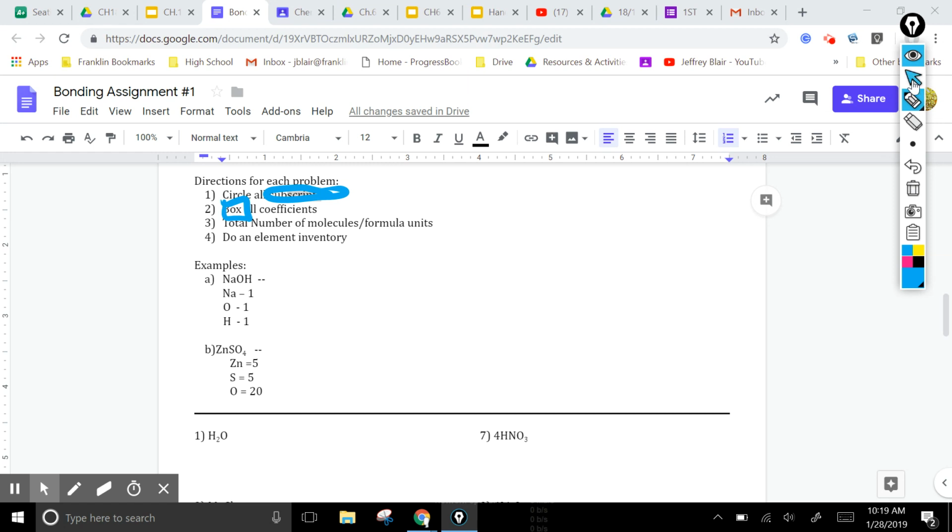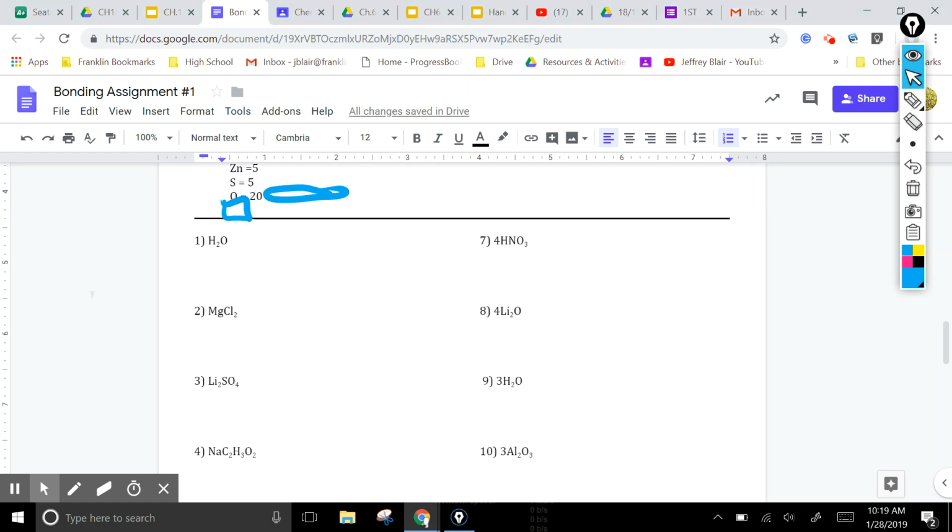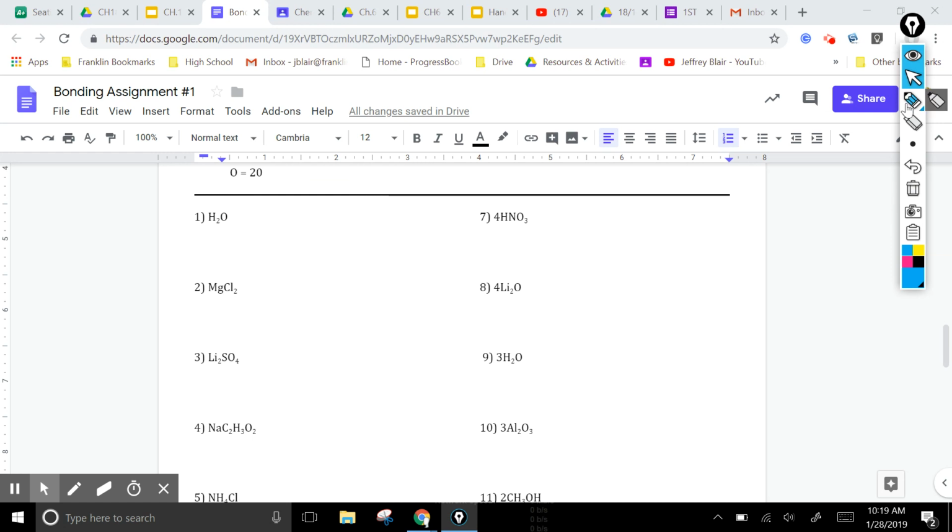So we're going to look down here and do that. If we circle our subscripts, like on this one, we would do our 2, we'd do our 2, 4. So those are our subscripts. So what's a coefficient? The numbers in front. So all these in the second row would have boxes around them. Those are our coefficients. And remember, I want to do number 7 here. Remember that you multiply everything by the coefficient in the front.